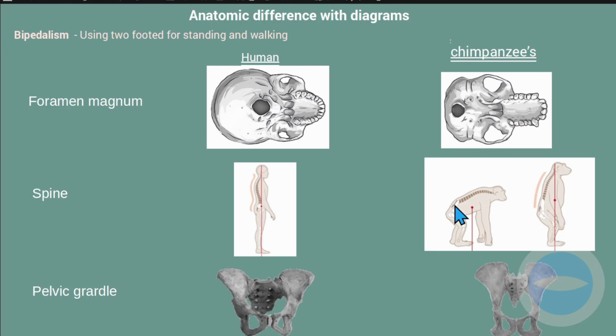This one is L-shaped, and in this one the pelvis is more round and not narrow. This one is not round, but narrow and very long. This one is short and more round. This one is long and narrow. So these are the differences.